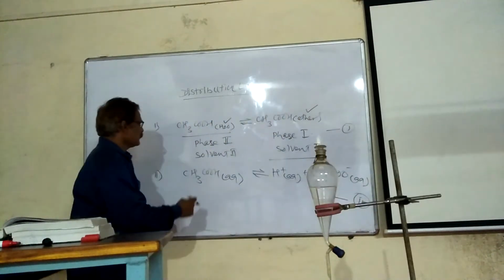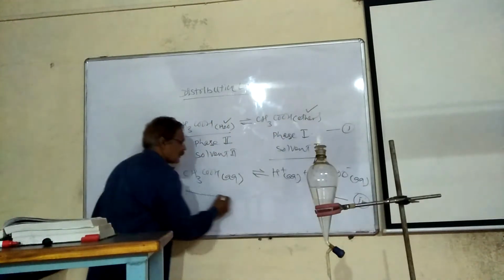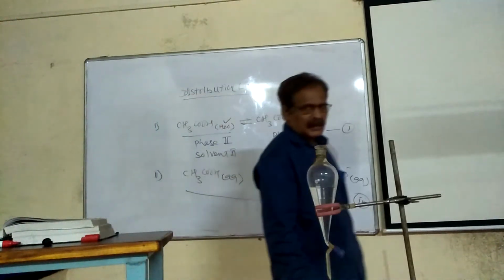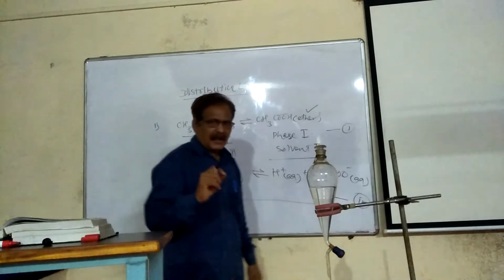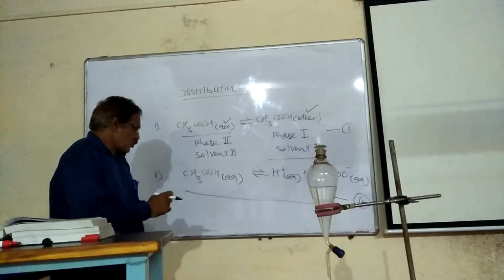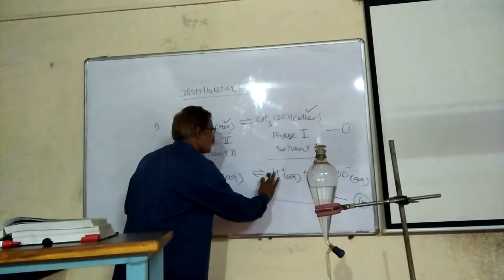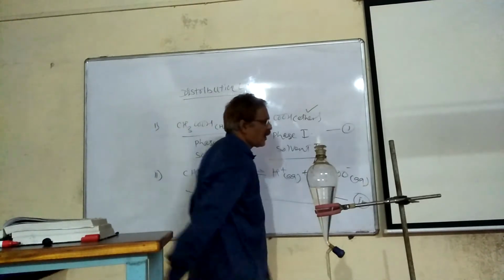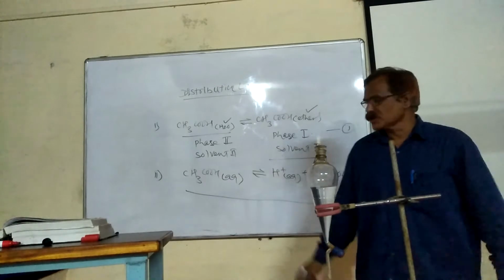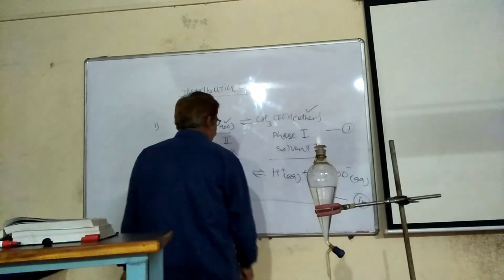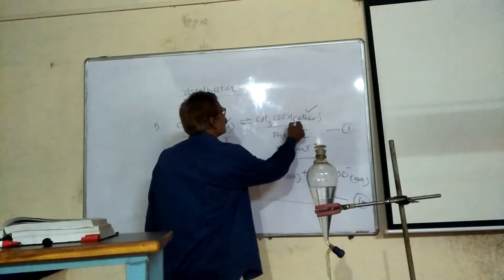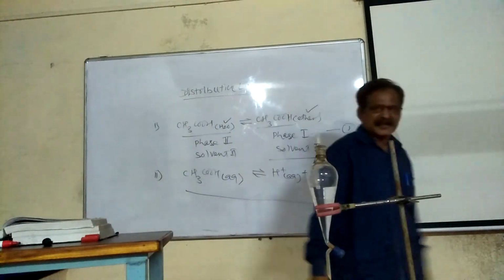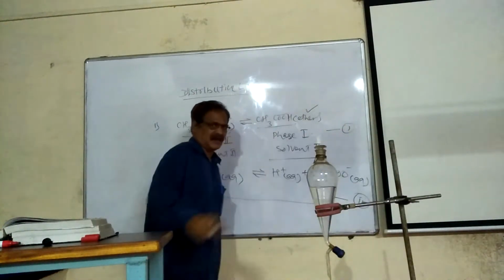Here we will find that this second expression clearly shows that acetic acid dissociates into its constituent ions H plus and CH3COO minus in water. On the contrary, it remains as it is in ether. It does not undergo any change as per the molecular state of the acetic acid is concerned.